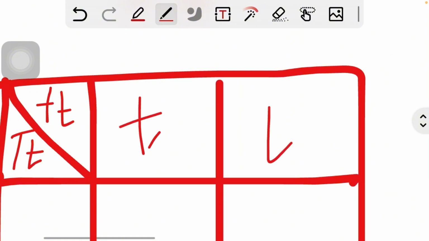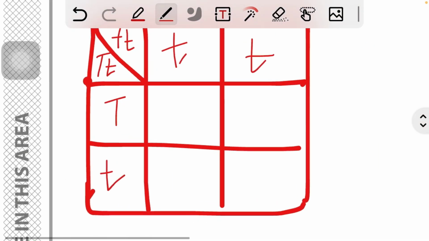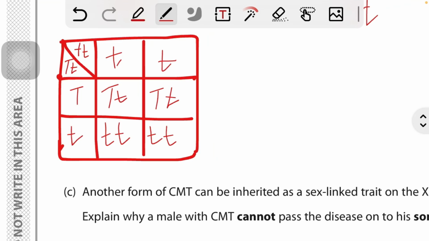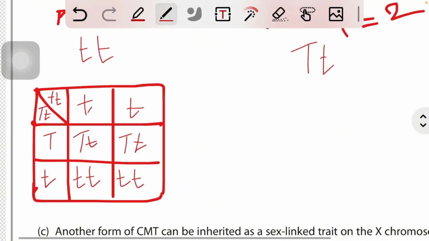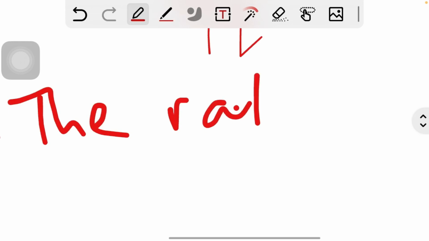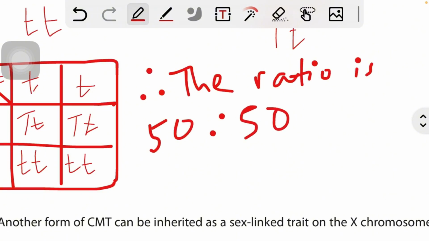So one goes with this, one goes with this. The crossing over happens like this. So it's a 50-50 ratio, right? So we can say that the ratio is 50-50.